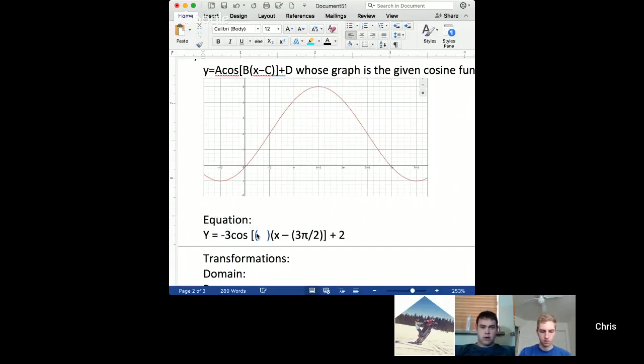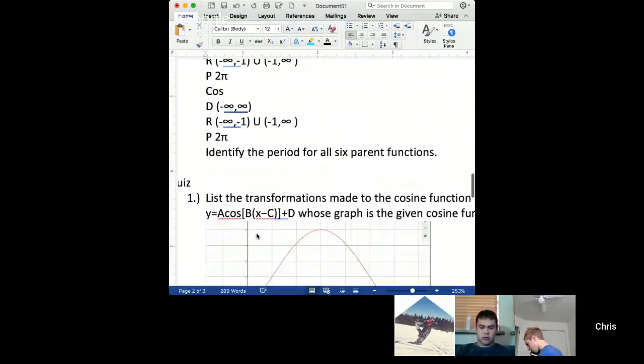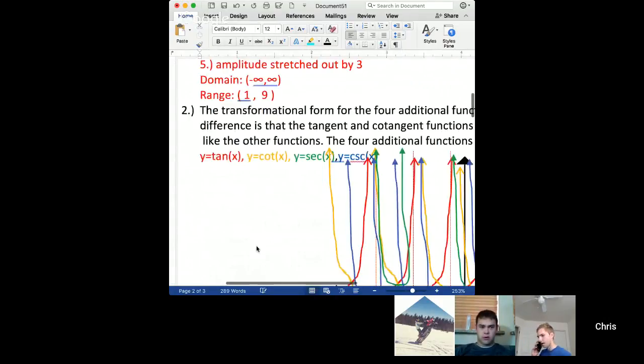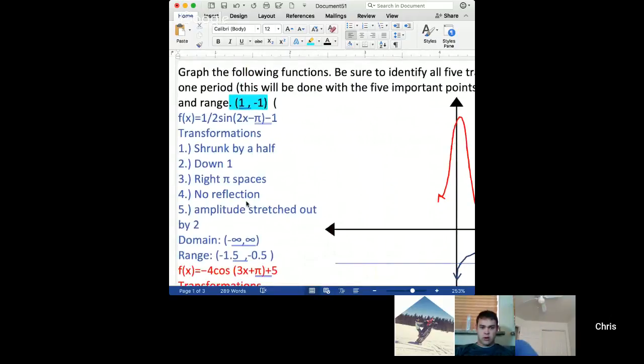All right. So let's see here. Well, the number in front of the x increases the frequency, right, of how fast it goes, I believe. Let's see what we did before here. So it stretches the amplitude out.